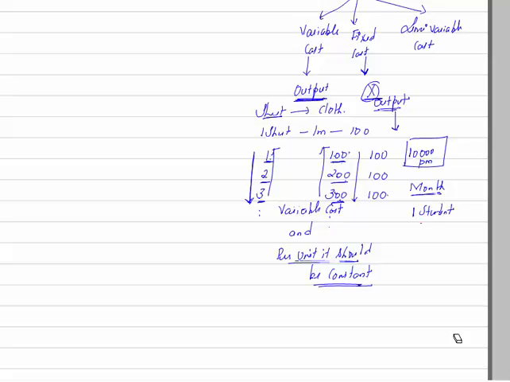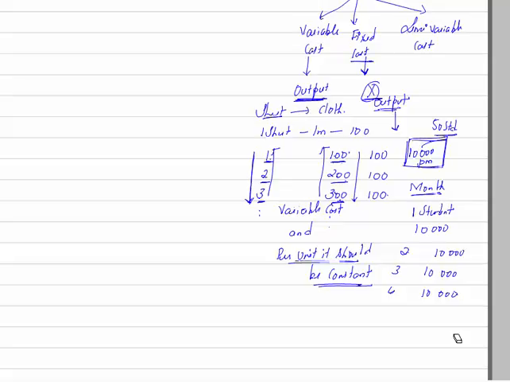So how much rent do I need to pay to the landlord? 10,000 rupees. Suppose two students registered, again it will be 10,000 rupees. Three students, 10,000 rupees. Four students, again it will be 10,000 rupees. Suppose the capacity of this classroom is 50 students. Means at a time 50 students can sit in the classroom.